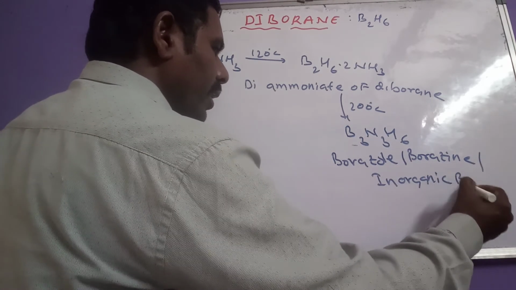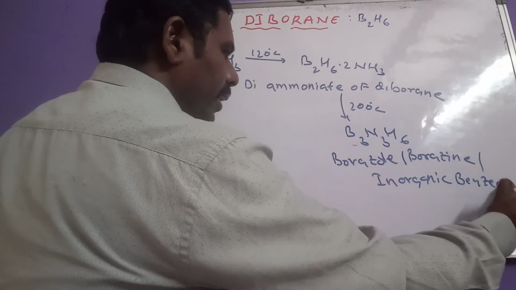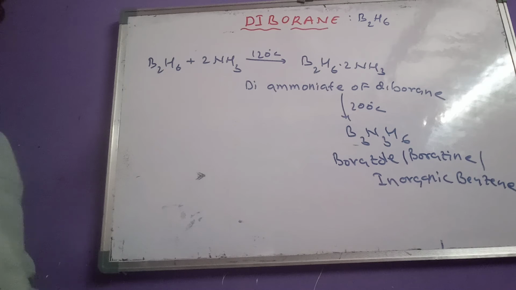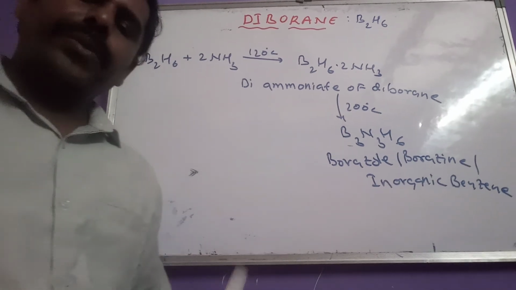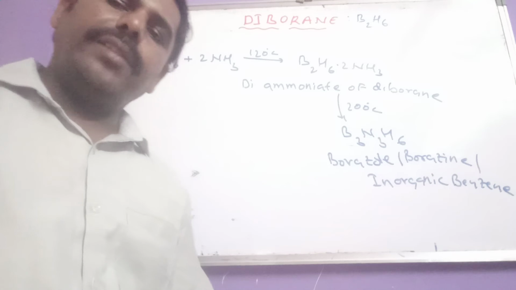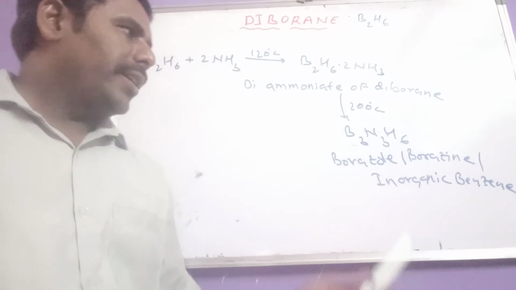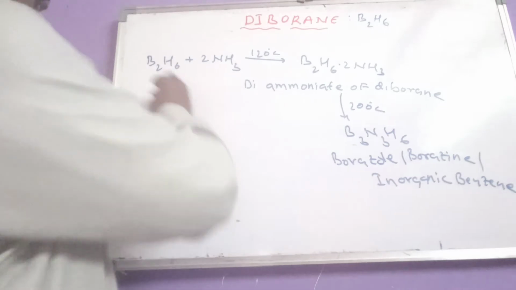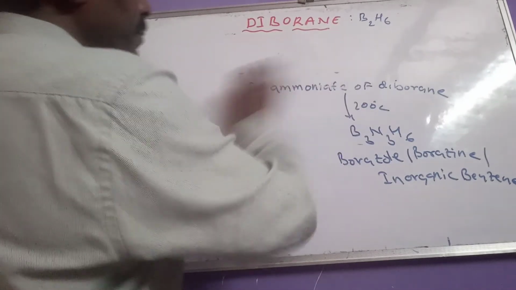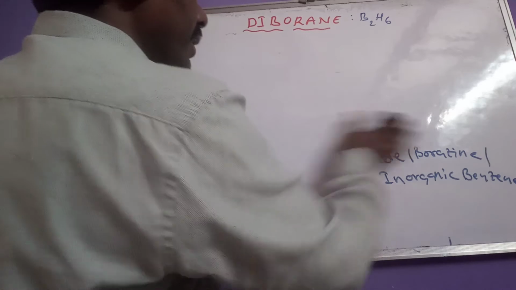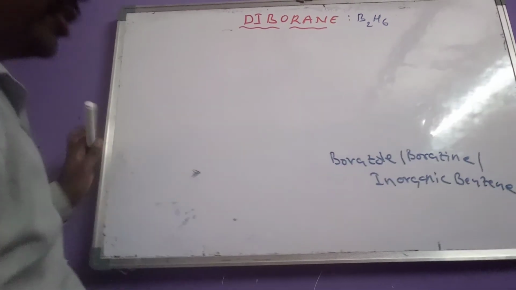So many questions we get regarding this inorganic benzene, borazole or borazine. What are the questions we get? Why is B3N3H6 known as inorganic benzene? Because B3N3H6 has a benzene-like structure.